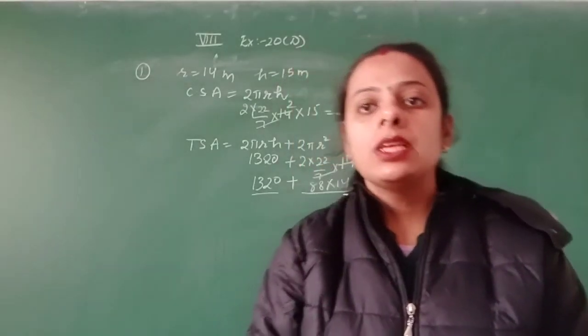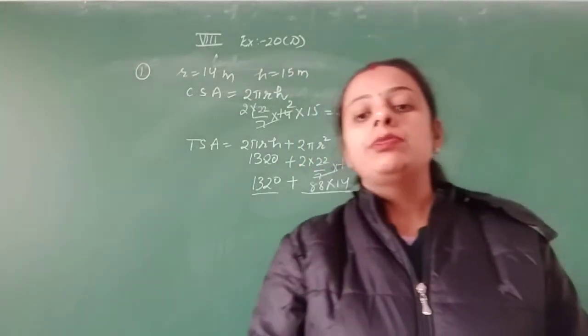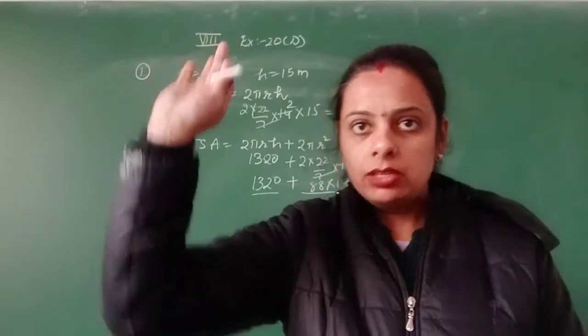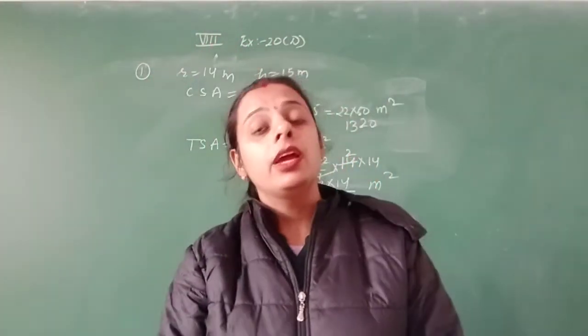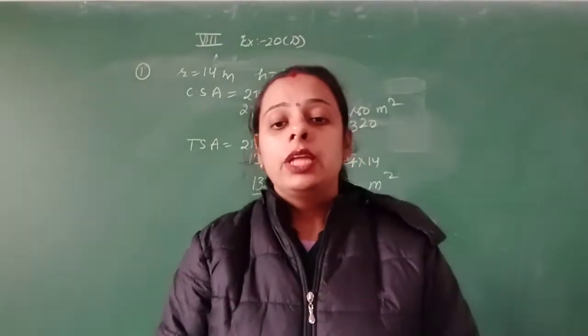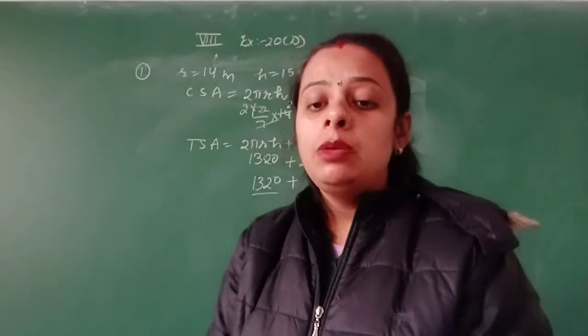Come to question number 2. An open cylindrical tank. It means it is open from one end. It means there is no top, no lid, no cover on it. Then it has a diameter of 3.5 meters.